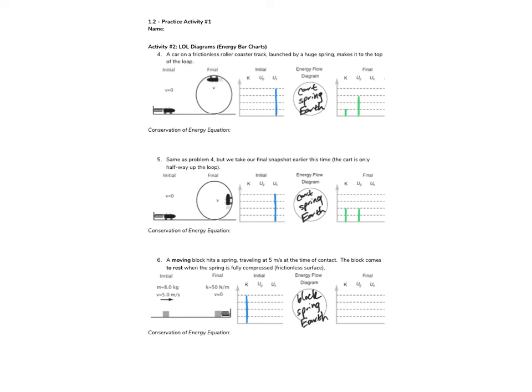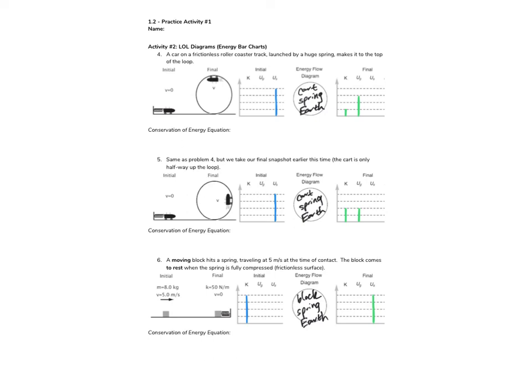Now, finally, we're told that this object, the block, comes to rest. It's still at 0 height, but now this spring is fully compressed. So what happened? All of the kinetic energy from the block was transferred to the spring. So now our elastic potential energy account is being filled.